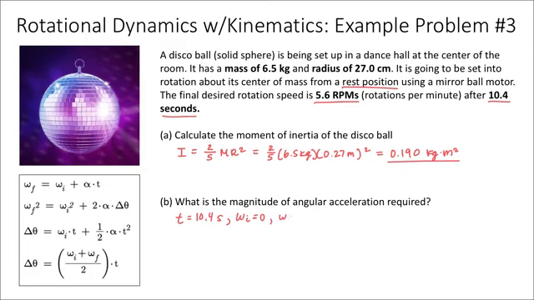And my final angular velocity is 5.6 rotations per minute. Okay, so I already know here I'm going to have to convert this. I don't want rotations and I don't want minutes. I want radians per second. So I'm going to convert that just right now, right away, before I do anything else.